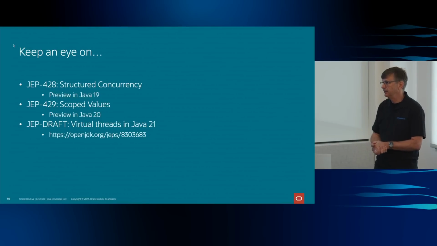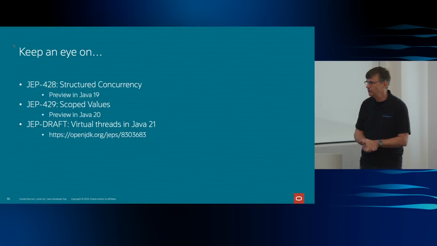Virtual threads is a preview in 19 and 20 and is set to be promoted to final in 21. The JEP has not been assigned a number, at least as of yesterday. But you can keep an eye on that for the status of virtual threads in Java 21. And there's a link there to the draft JEP for that.